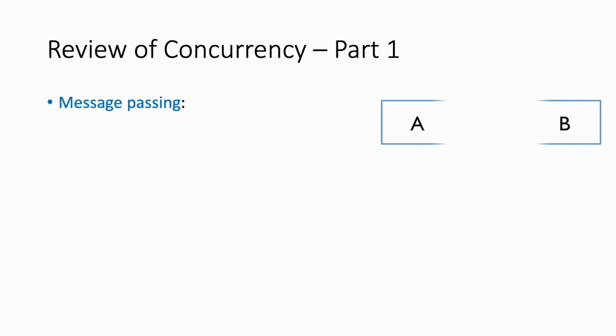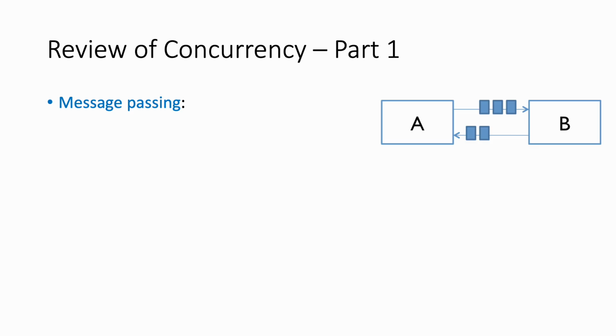First of all, let's review what we have learned in the first lecture of concurrency. In that lecture, we have learned that Go supports two styles of concurrent programming. The first style is message passing, and the second style is shared memory.